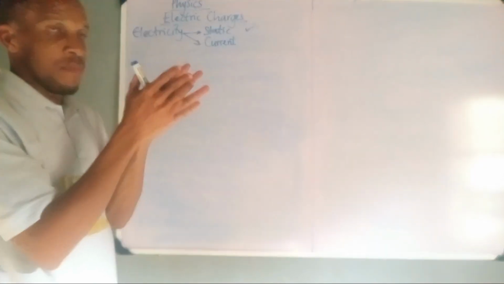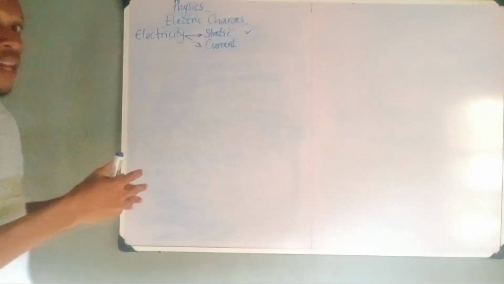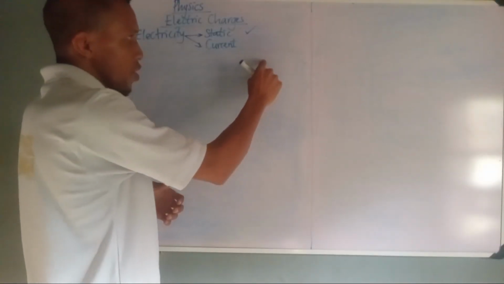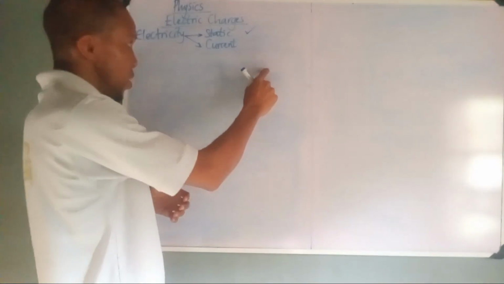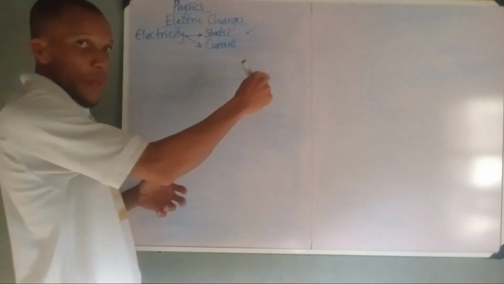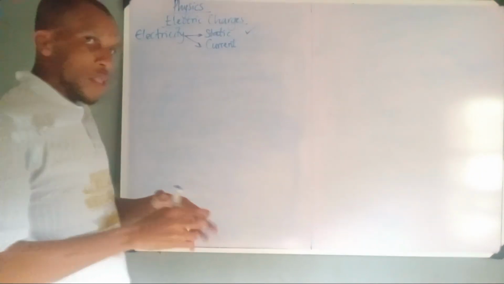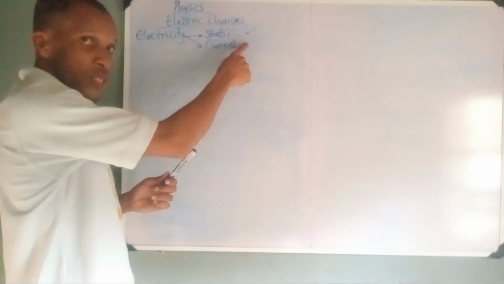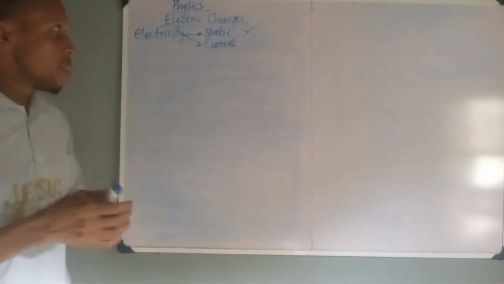Static electricity. Okay? Then in electrolysis, we actually discovered that electricity is transferred from one point to another by the actual movement of the particles of the electrolyte. But don't worry, we'll get back to that when we're talking about what? Current electricity. Good.